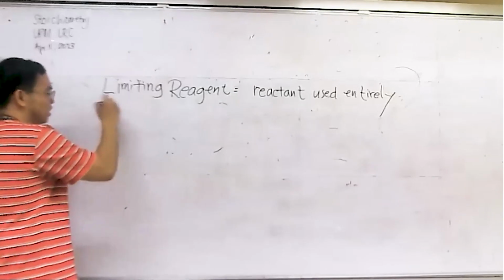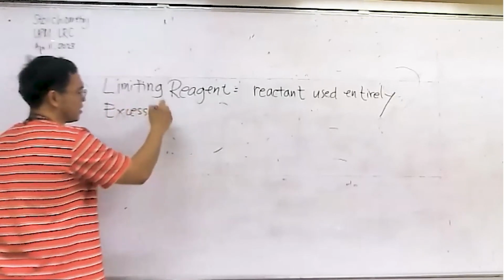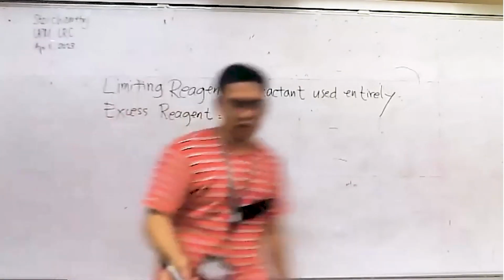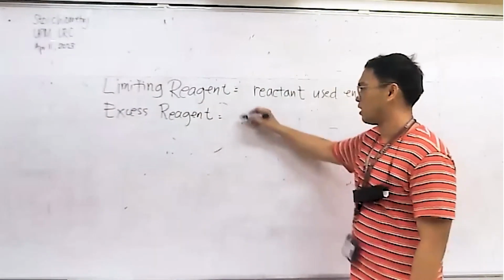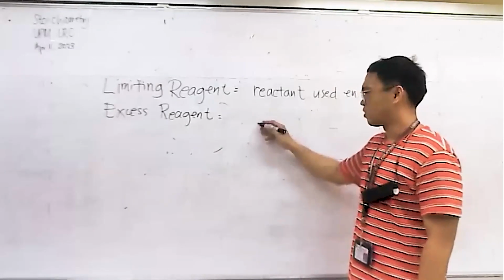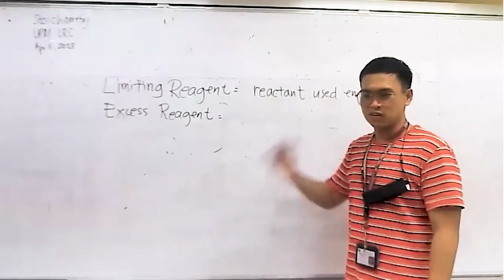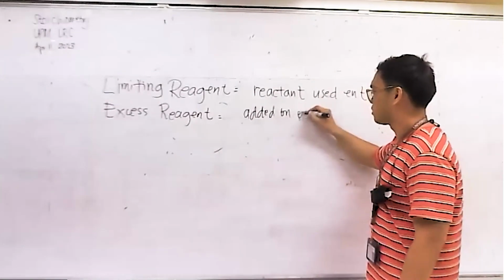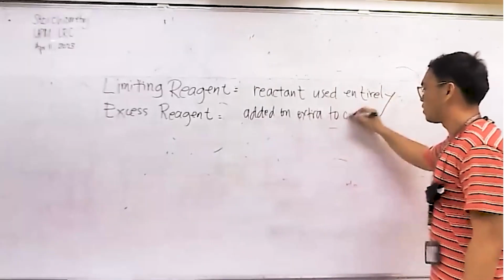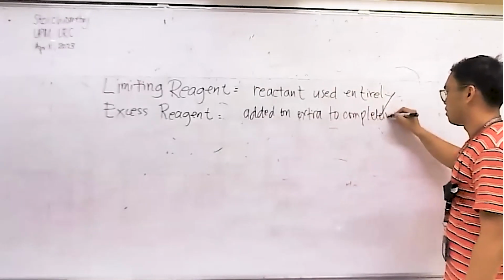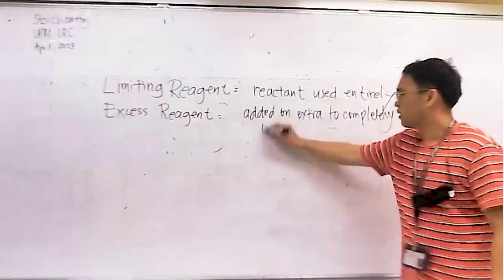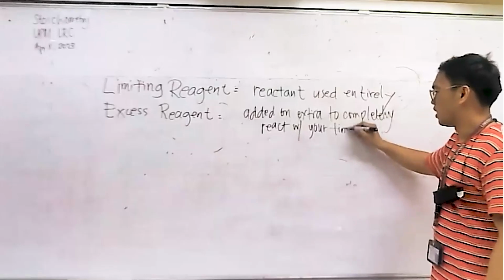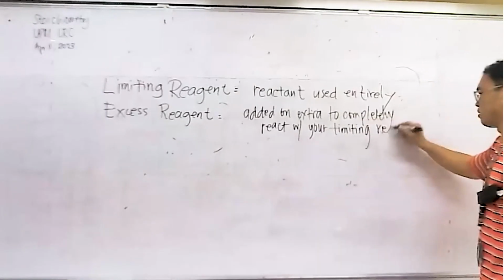While the excess reagent, sometimes we say it's the reagent in excess, from the name itself, is the reactant that is added in an extra amount, added on extra to react completely with your limiting reagent.